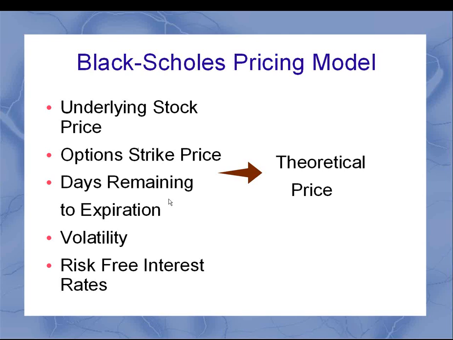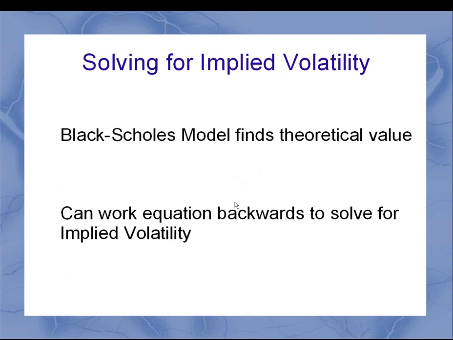As we know, options that expire closer in time, 7 days, 10 days, 15 days out, are going to have a lower premium than options that expire 50 days, 80 days, 500 days out in time. The historical volatility and the risk-free interest rates. Those 5 factors are plugged into an equation, and this gives us the theoretical price of our option.